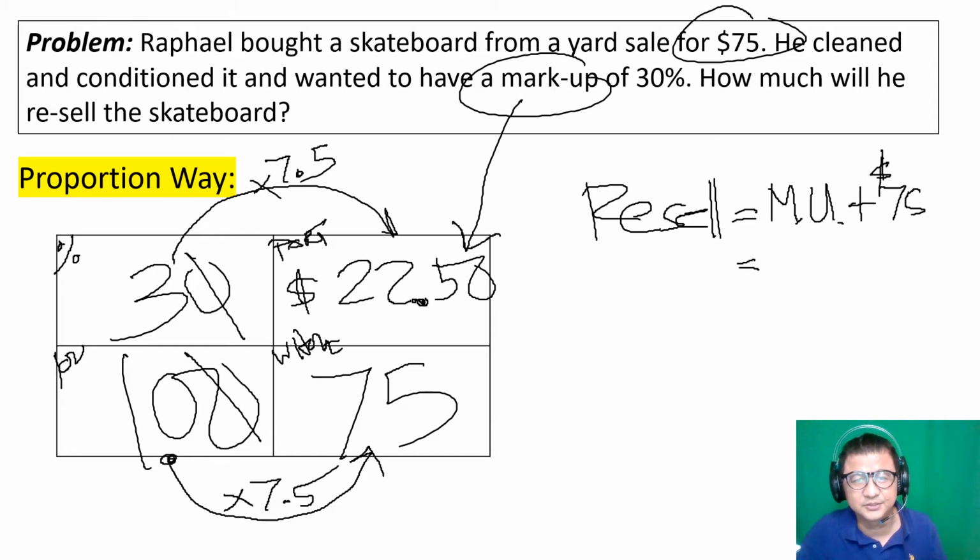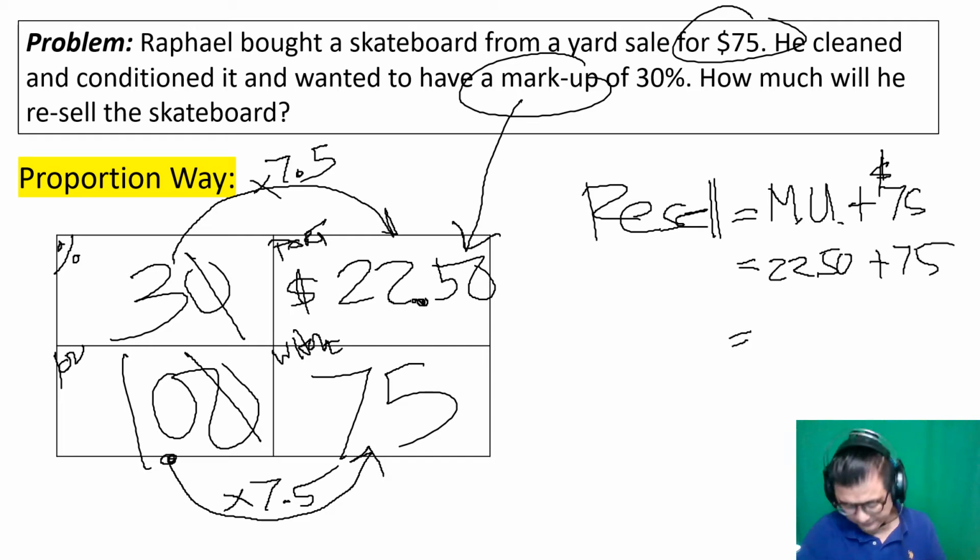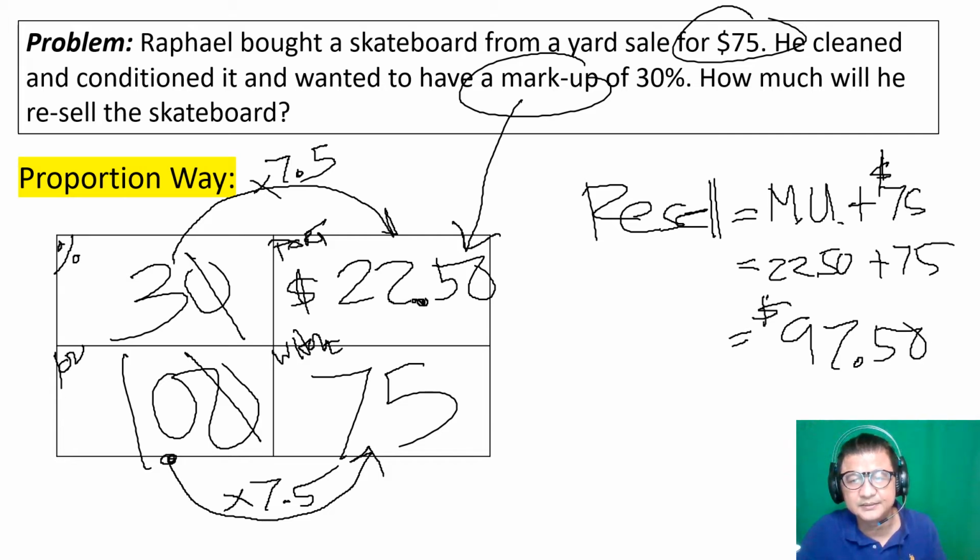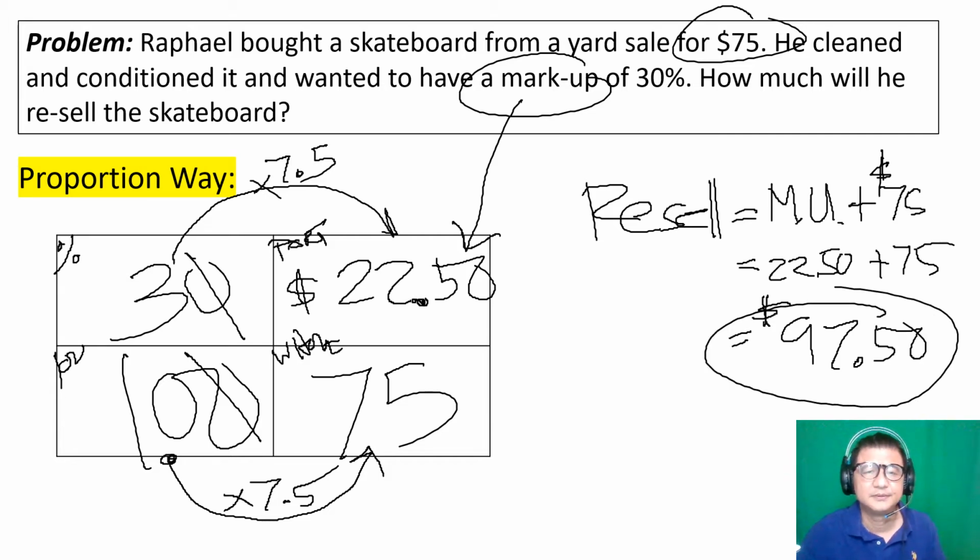All right, so that's going to be 22.50 plus $75. You will get 97.50. All right. Okay, so there are two answers. 22.50 is the markup, and selling the skateboard will now be 97.50.